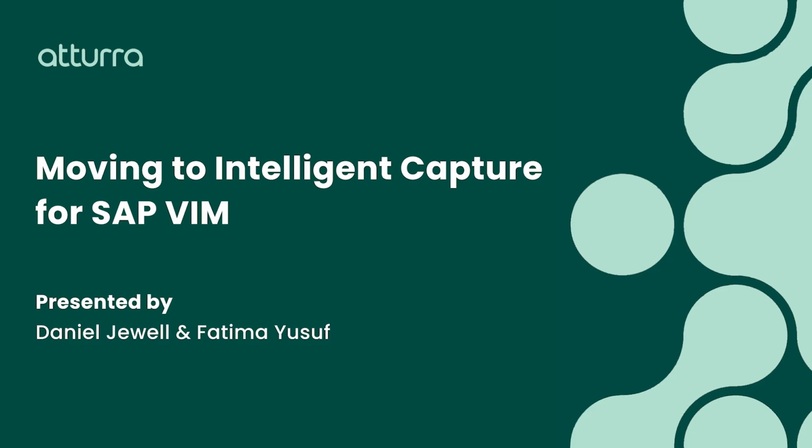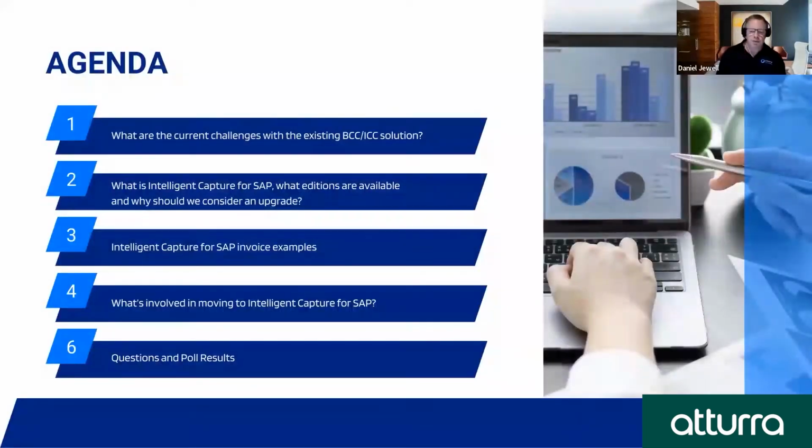Hi, everyone. So we're aiming to keep today's session to around 40 minutes in duration, which will include a run through of the current challenges that our customers are experiencing when using the traditional BCC ICC solution. We're then going to dive into explaining how the new Intelligent Capture for SAP solution works and what additions are available.